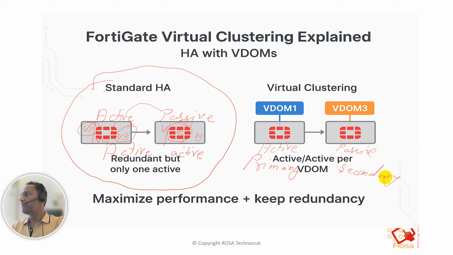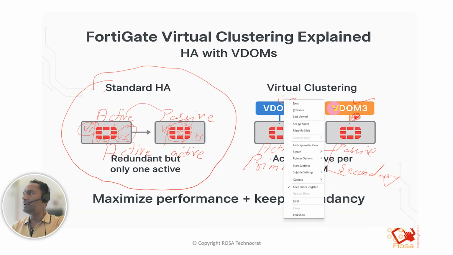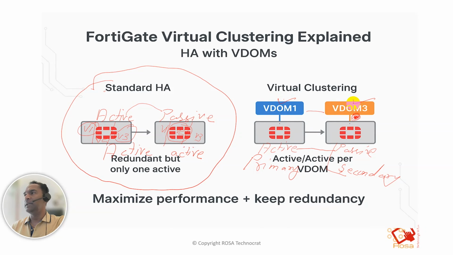Even when this firewall is secondary or passive, it will still be able to handle the traffic for a particular VDOM and it will be acting as active for this VDOM. Under virtual clustering, one VDOM will be active on the first firewall and another VDOM will be active on the second firewall, while the actual physical hardware is still active-passive, or primary-secondary. From a traffic handling perspective, one VDOM will be active on one and the other will be active on the second firewall. This is what virtual clustering is.